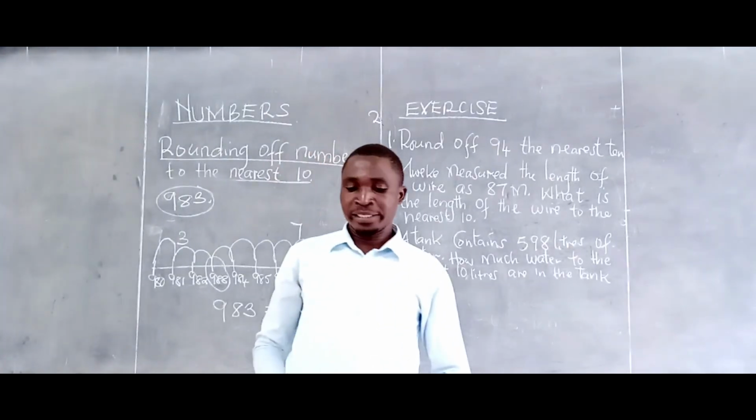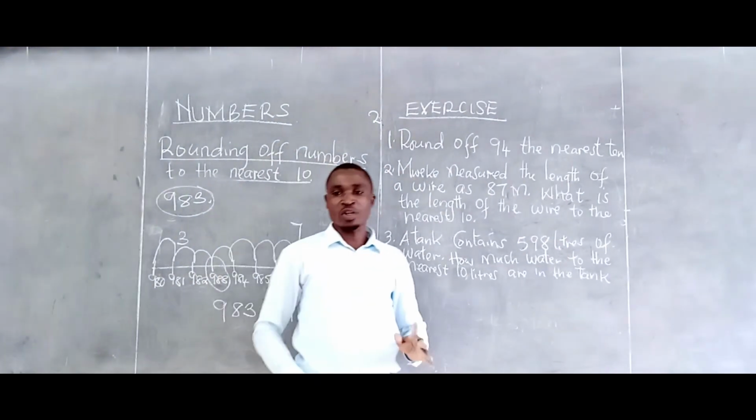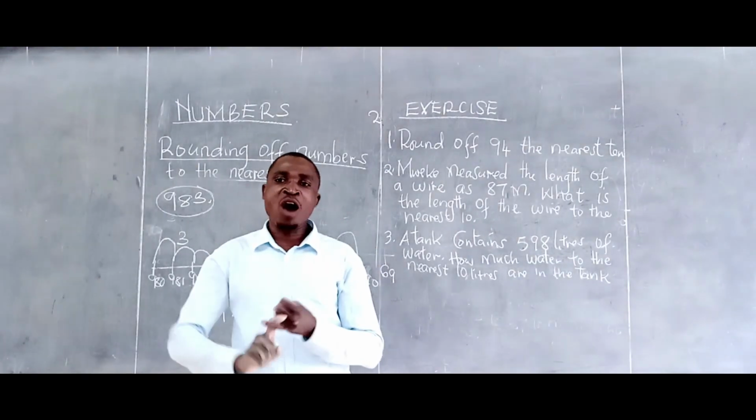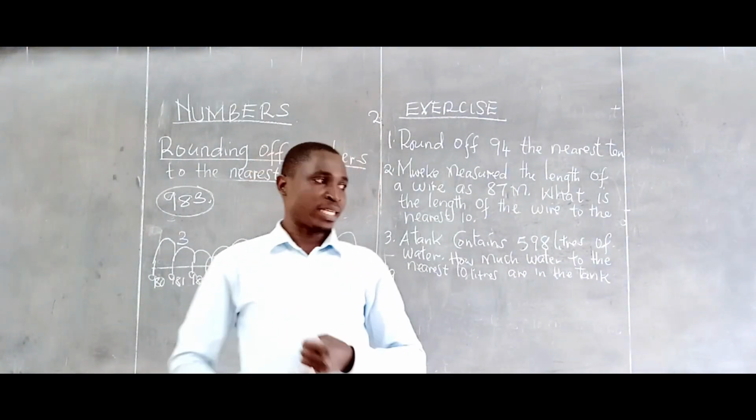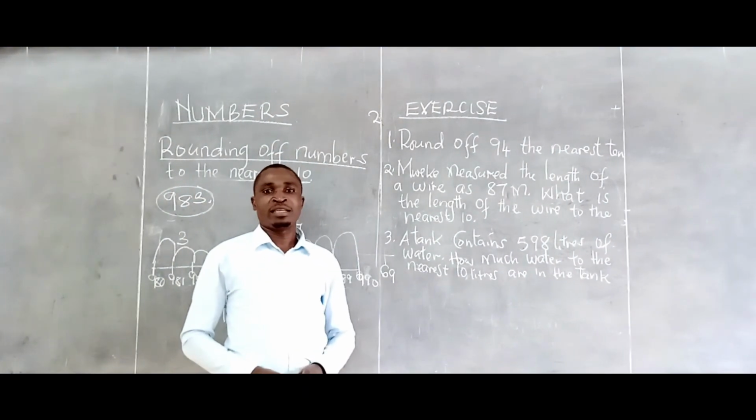I'll repeat reading the question. A tank holds 598 liters of water. How many liters of water to the nearest 10 liters are in the tank?